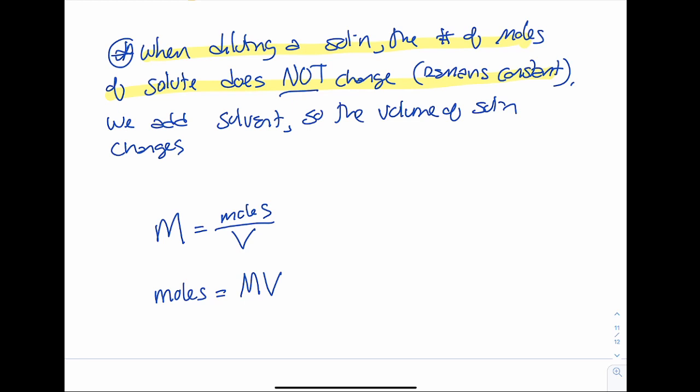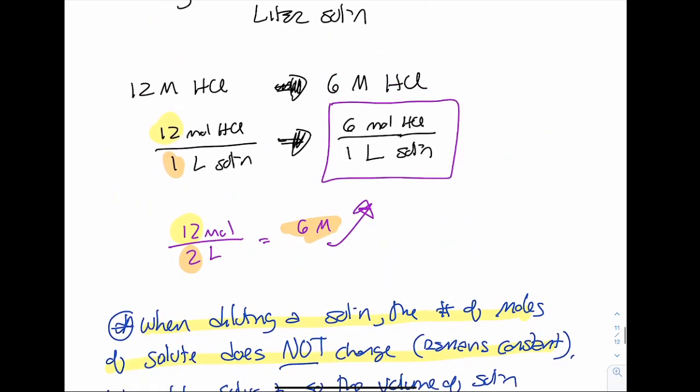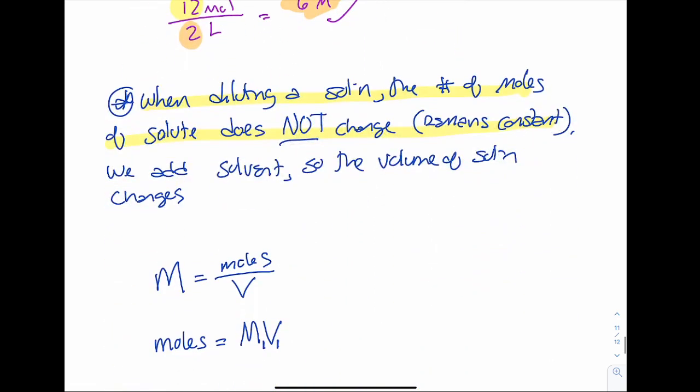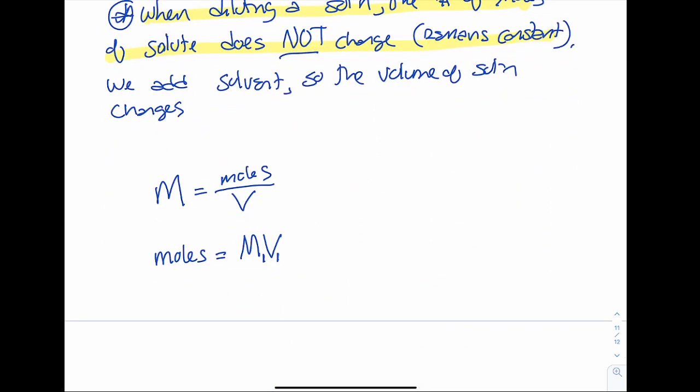And then I'm going to put some subscripts 1 on here. So that is my initial concentration and my initial volume. If we went back up and looked at my example here, my initial concentration is 12 molar, and in this example, my initial volume is 1 liter. I'm going to do the same thing for my diluted solution.